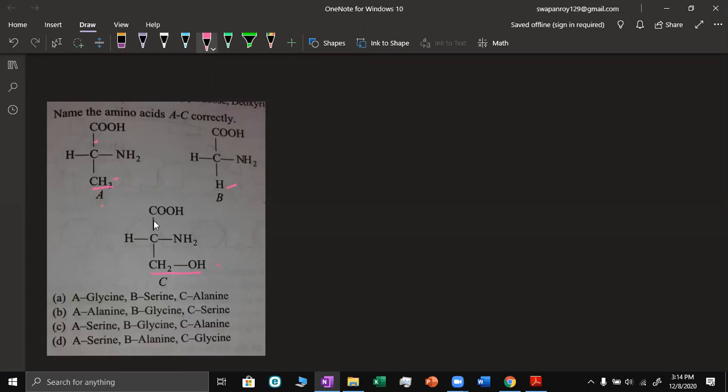So what will be the sequence? This is the very simple one, where you can see the variable group is hydrogen. In this case, it is glycine.